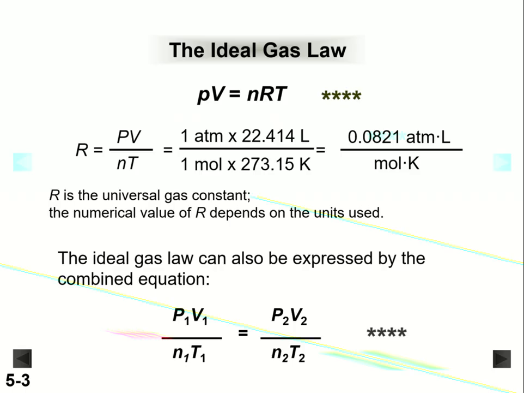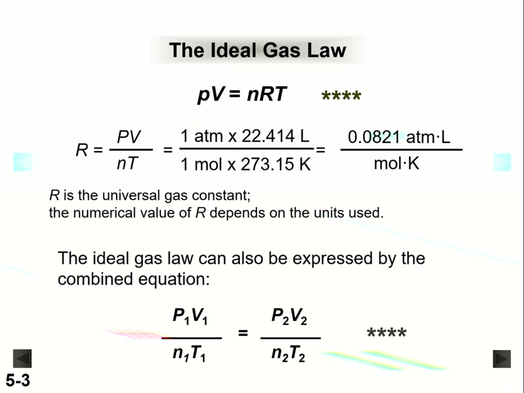Another important relation: rather than memorizing Boyle's and Charles' and Gay-Lussac's and Avogadro's law, you can simply write down the combined gas relation. Up above we saw PV over NT equals R, and R is a constant. Therefore, if we carry a system from one state, state 1, to a second condition, state 2, we could write out the following equation at the bottom here.